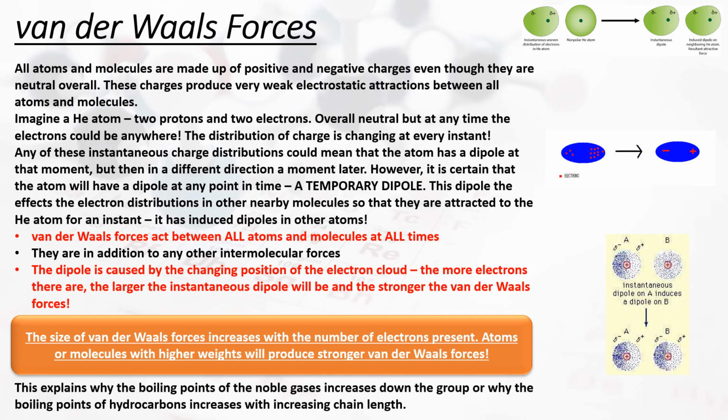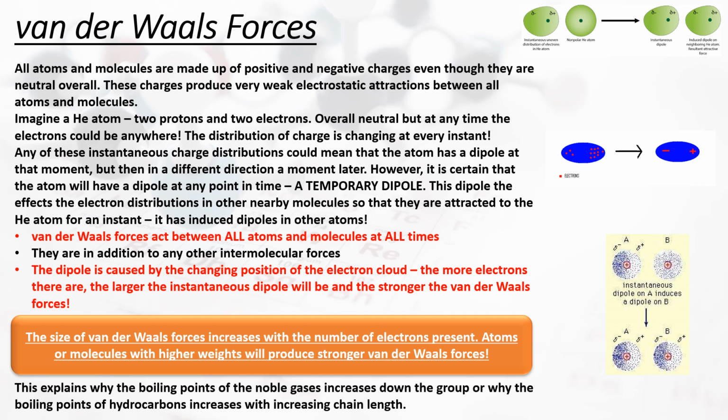This is a temporary dipole, just because our electron density, always instantaneously moving, could be more towards one side of the molecule than the other. Now this temporary dipole can actually affect the electron distribution in other nearby molecules, so that they themselves are attracted to that helium atom for an instant. So we have a helium atom that has a temporary dipole, and then this induces a dipole in other atoms.